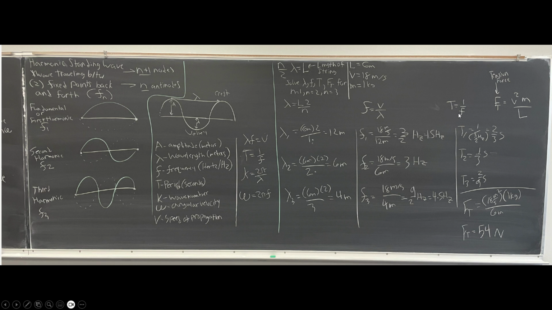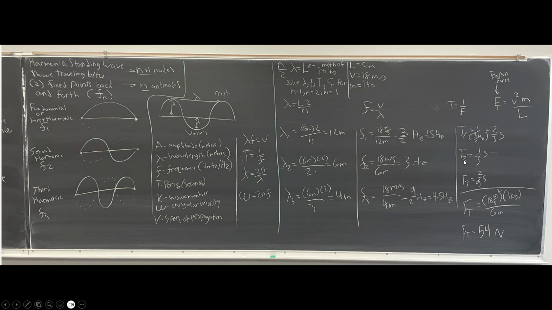The period just equals 1 over the frequency, and it will have the units of seconds. So period 1 for the first harmonic, that would be 1 over 3/2 hertz, or 2/3 seconds.